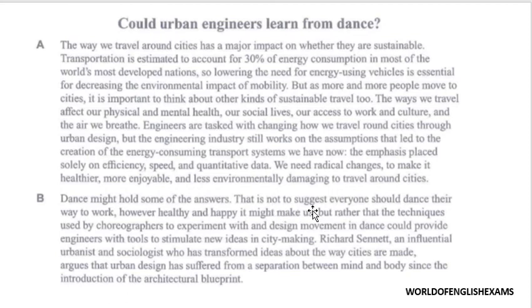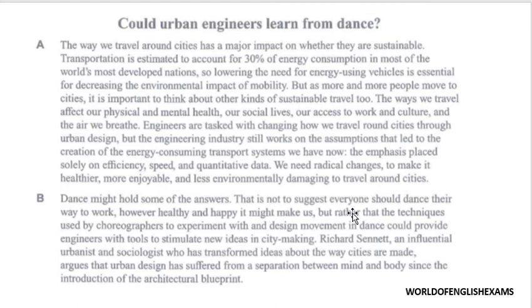So, this is not to suggest everyone should dance their way to work, however healthy and happy it might make us, but rather the techniques used by choreographers to experiment with the design and movement in dance can provide engineers with tools to stimulate new ideas in city making. So here they are telling that dance is not a suggestible way for everybody, but it could possibly have an impact on engineers. So here this is very important.